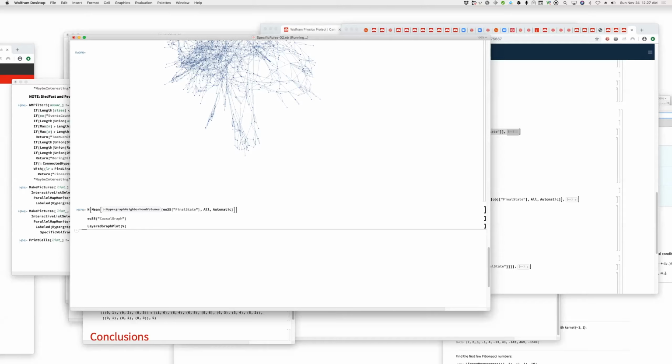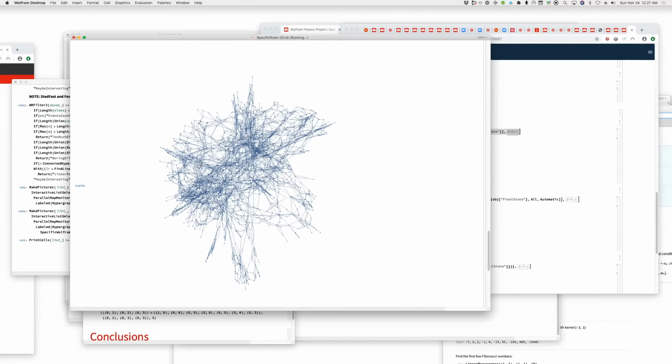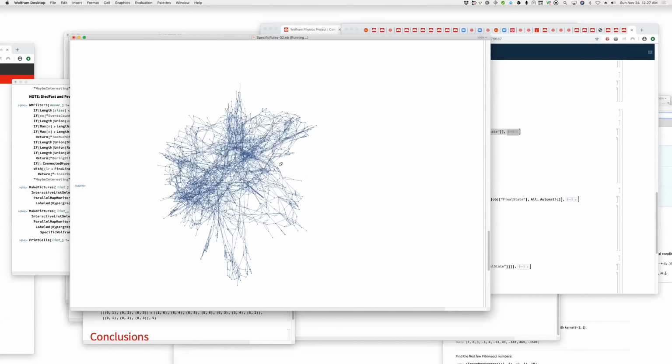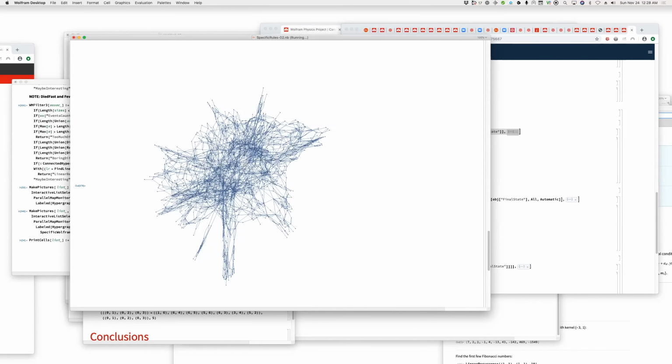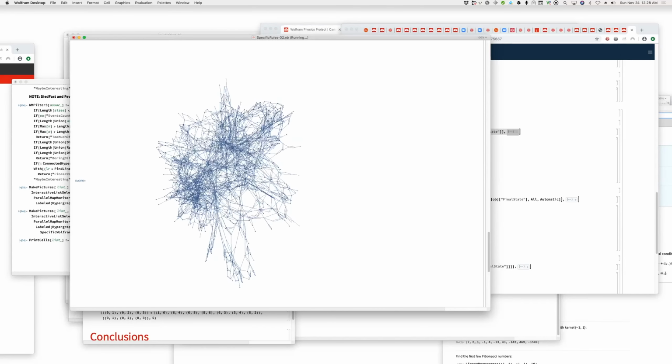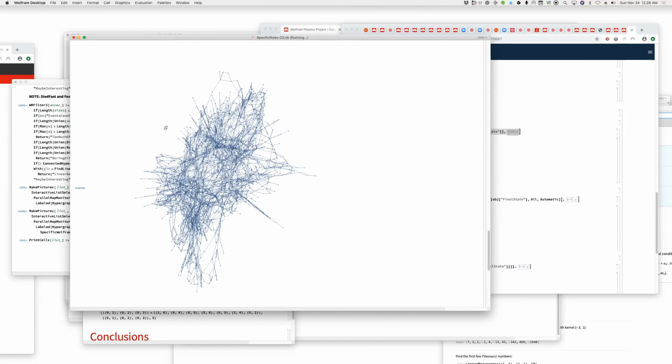I don't know why this is taking so incredibly long. Well, it has to grow, it seems, from every point. So it's quadratic time, probably.